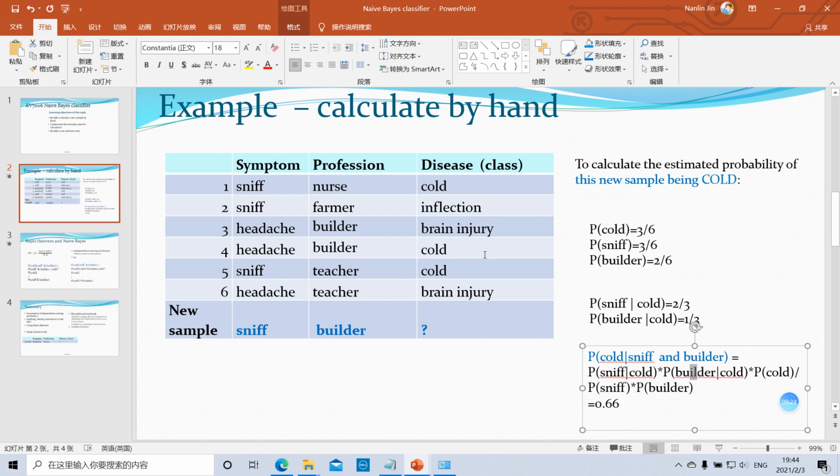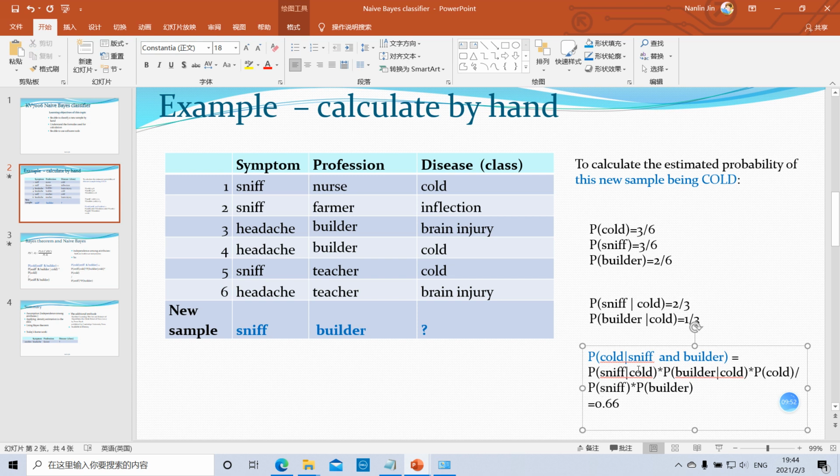The reason is that you can see the total probability of cold is only 50%, so other diseases occupy the other half of the existing records. Then we divide by the probability of sniff and the probability of builder. Actually we need a bracket here.